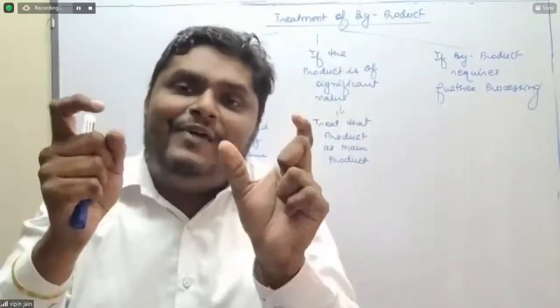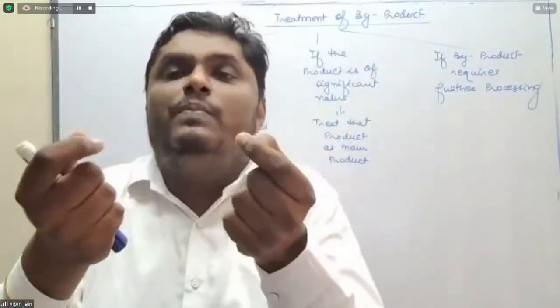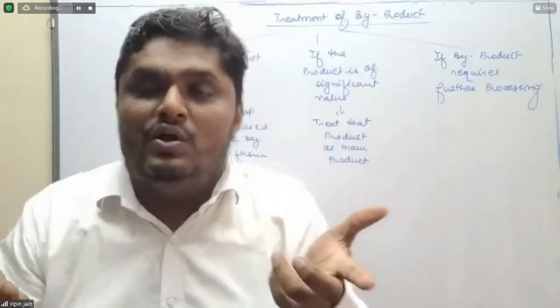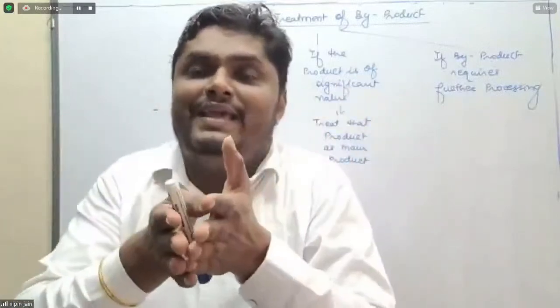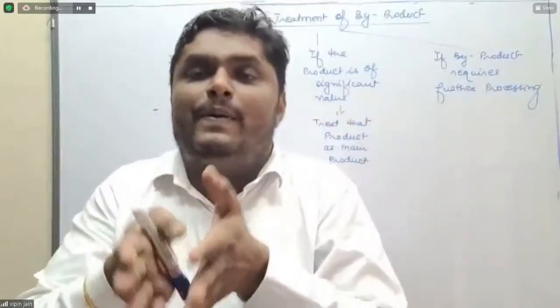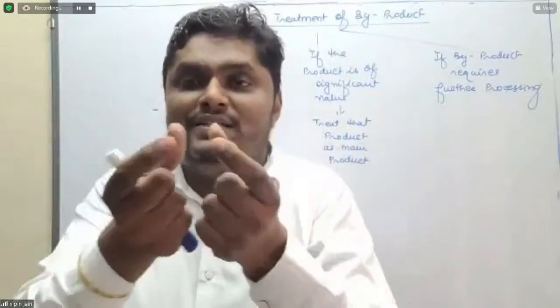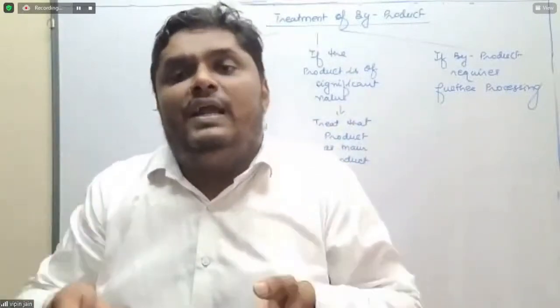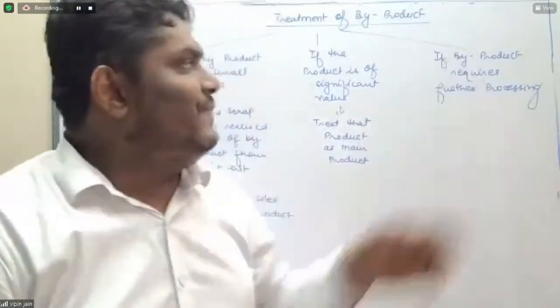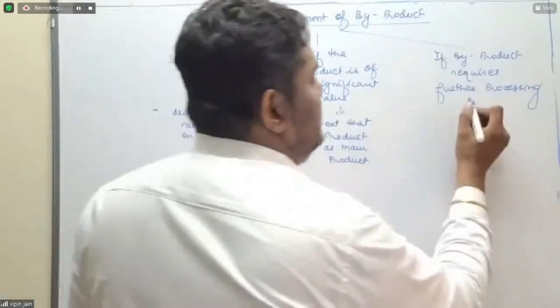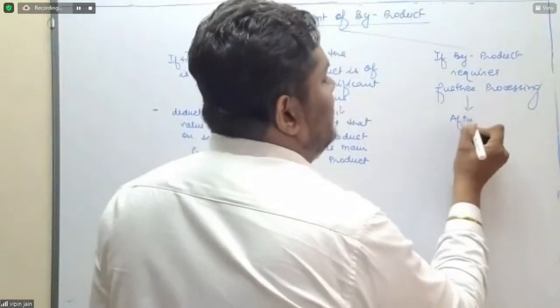Now that scrap fabric is stitched again to manufacture a mask. So if byproducts require further processing, in the same example, the scrap product, that is the fabric that is left out, is further processed to convert it into mask. So now if byproduct requires further processing, we'll check after further processing.